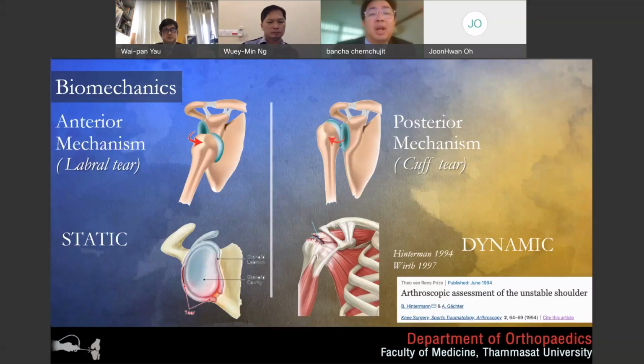Shoulder stability is composed of static and dynamic stabilizers. In the young, the static stabilizer, the capsulolabral complex, is more important than the cuff. So this we call the anterior mechanism. But in older patients, the dynamic stabilizer plays a bigger role. So this is the posterior mechanism, the head depressor.